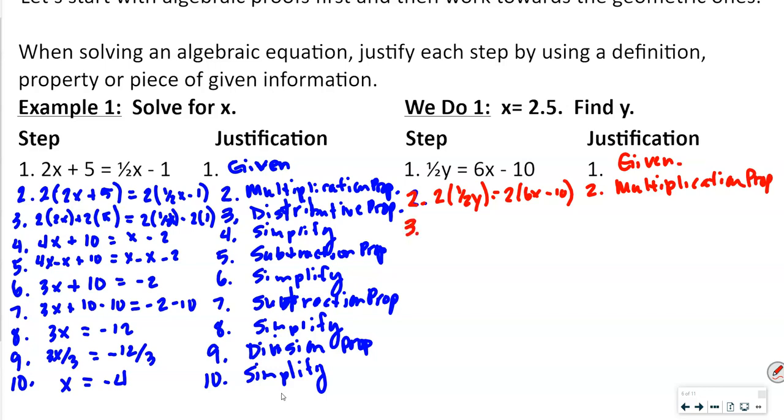Okay, we're going to use the distributive property again, right? So we're going to go 3 here. So this is going to just be y. And that's going to be equal to, because 2 times 1/2 is 1, and here we're going to do 2 times our 6x minus 2 times 10, or plus 2 times negative 10, whichever way you want to do it, okay? So here again, step 3, this is the distributive property.